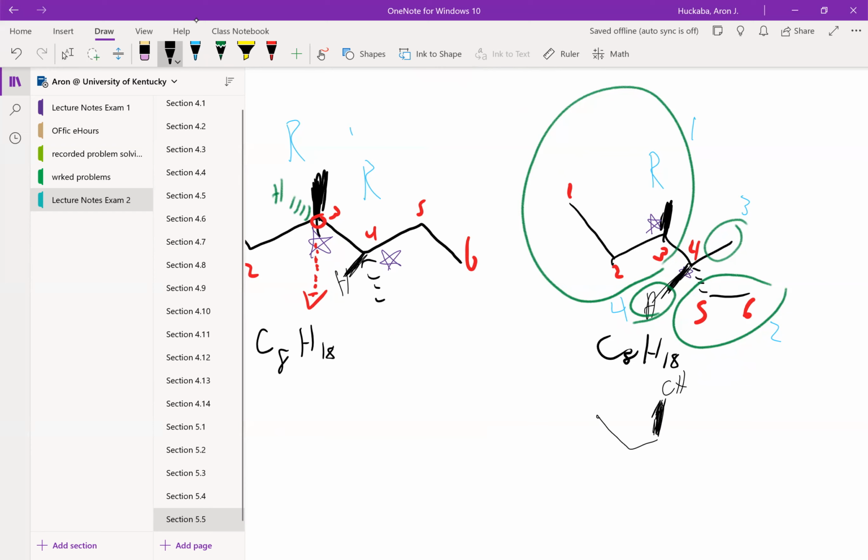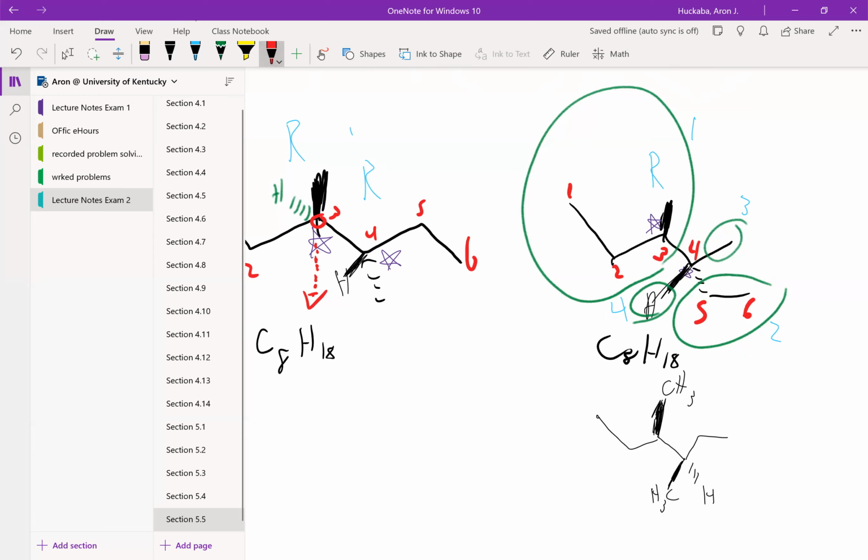It's CH3 there. So now let's rotate to get the hydrogen on the dash, which means that this time the CH3 is going to be there. The hydrogen will be on the dash, and the ethyl group will be on a normal bond.